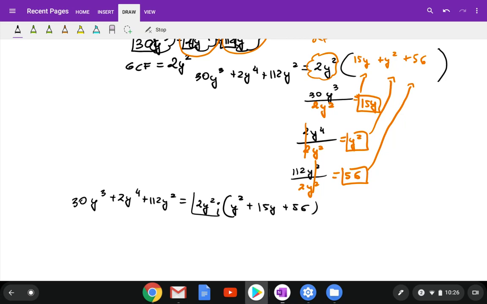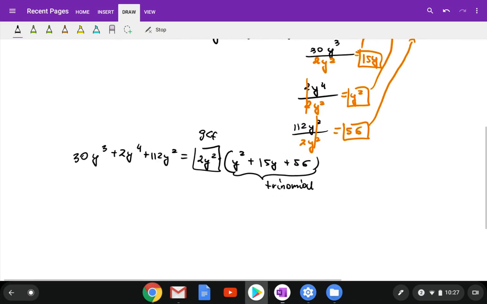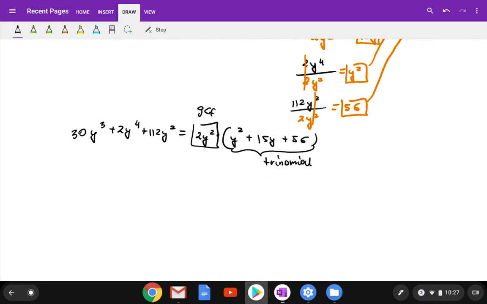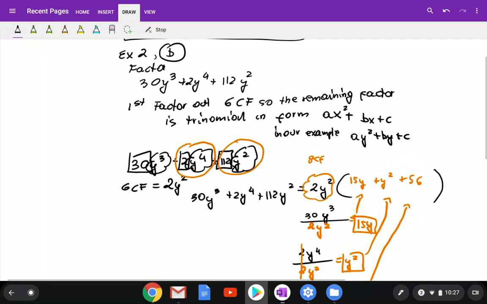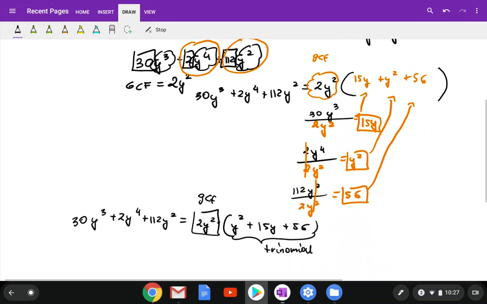So that was our GCF. Step 1, we factor the GCF in order to get the trinomial in the form ax squared plus bx plus c, because we now know how to factor this. We have to factor this original expression completely.